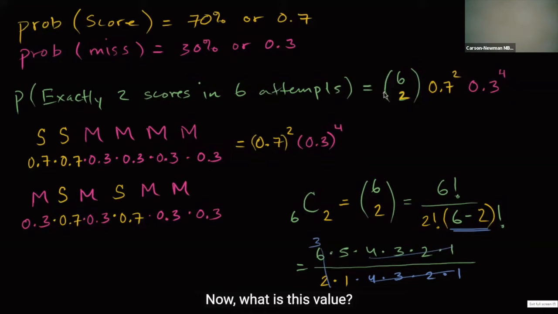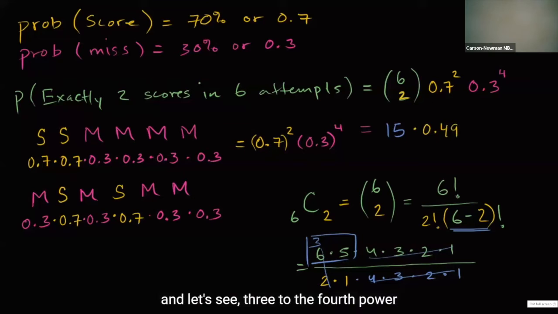And now what is this value? Well, it's going to be equal to, we have our 15, 3 times 5. It is 15 times 0.7 times 0.7, which is 0.49, times 0.3 to the 4th. 3 to the 4th power would be 81, but I'm multiplying 4 decimals.